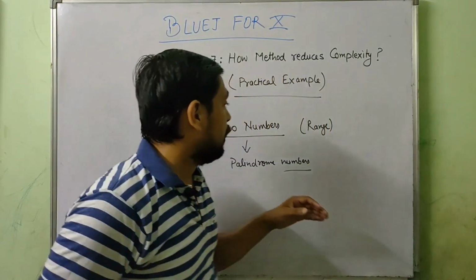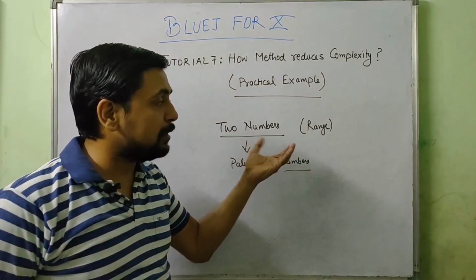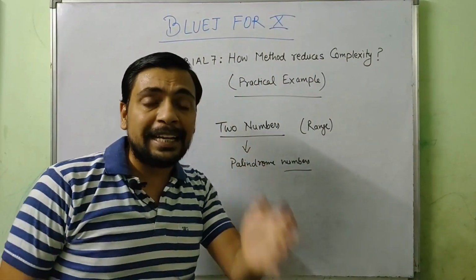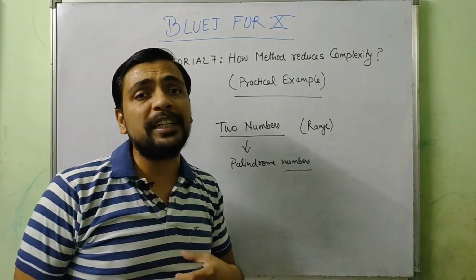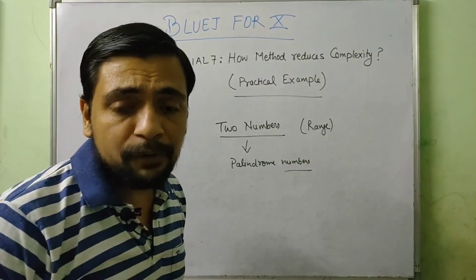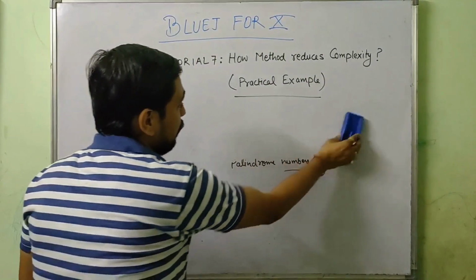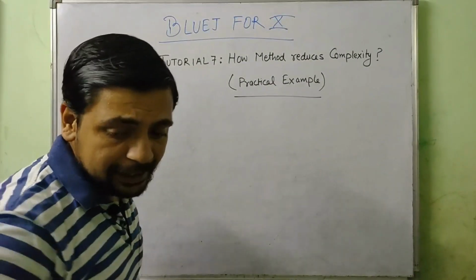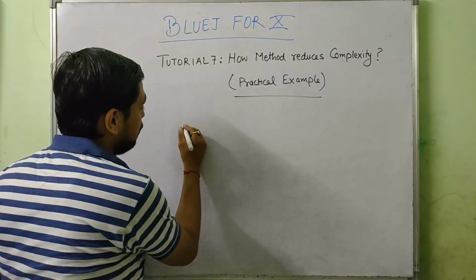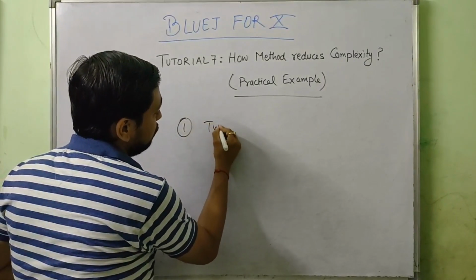So we have to accept two numbers and print palindrome numbers, but as I told you, we are going to do it with methods. How are we going to do that? We will divide our task. What is our task? The first task is to accept two numbers.